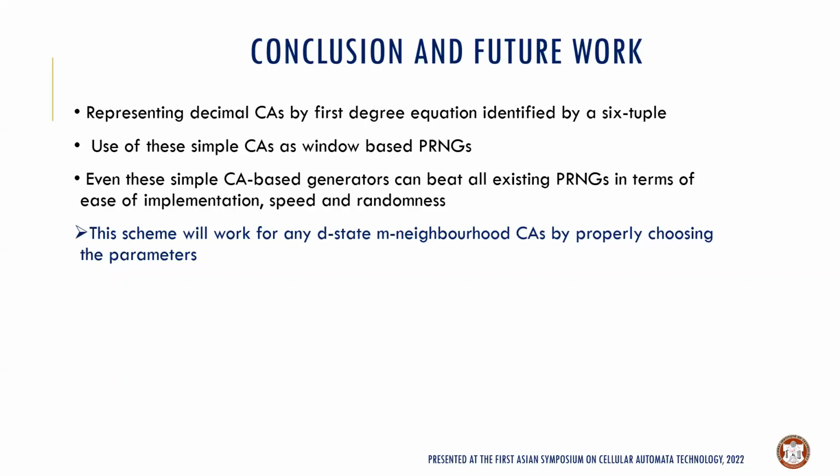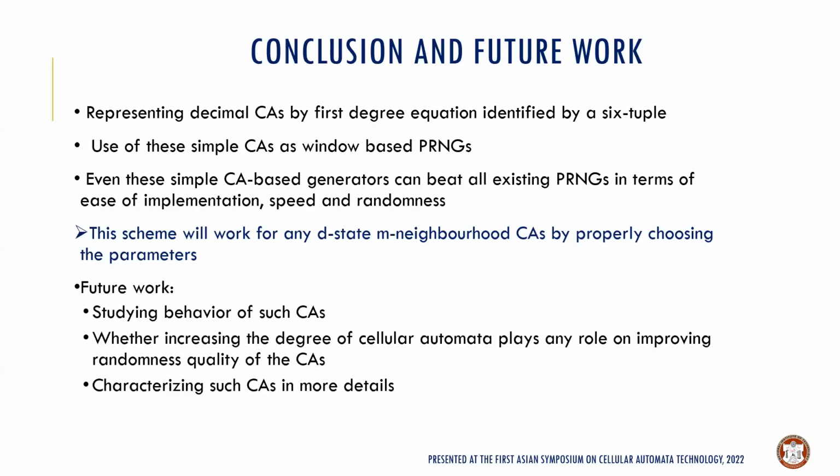Only a small set of CAs can be represented by this form. We have shown that even these simple CAs, if we consider decimal CAs, are good as PRNGs. And this scheme will work for any distant neighborhood CA by properly choosing the parameters.